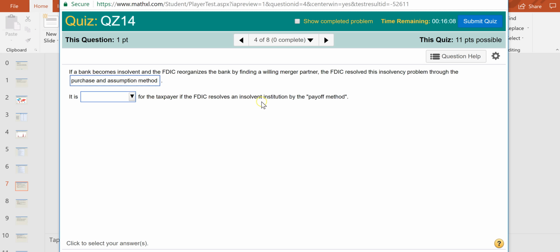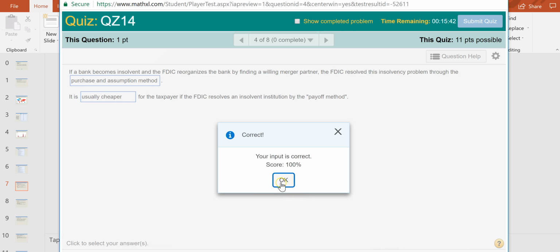So the second part is about if the FDIC resolves this failing institution by the payoff method, would it be more or less expensive? Because as we explained, the purchase and assumption method is more expensive. So that means the payoff method will be less expensive, so usually cheaper. All right, so now let's check our answer. Good work.